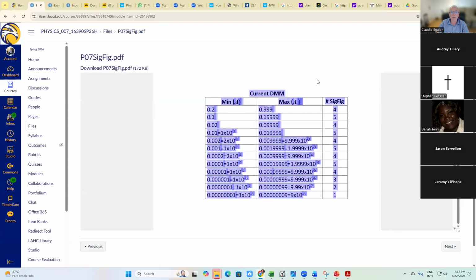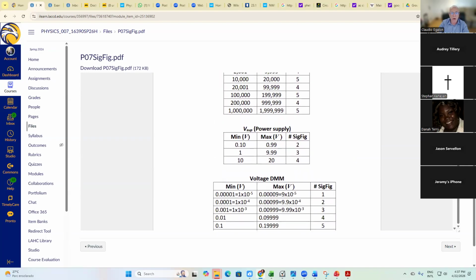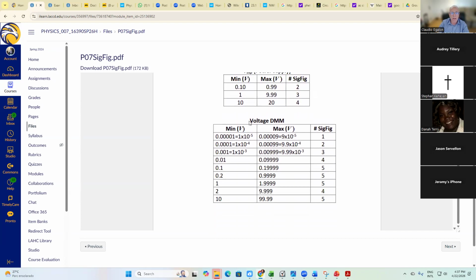So this lab is using all those four tables. For lab number one, we used only this table. For lab number two, we used only this table.